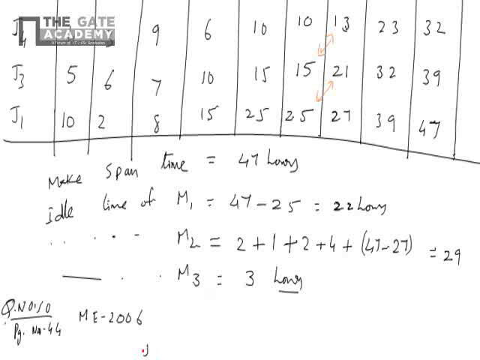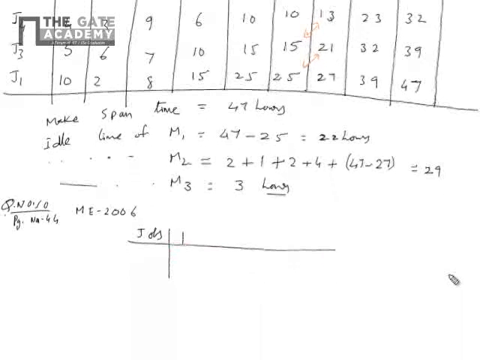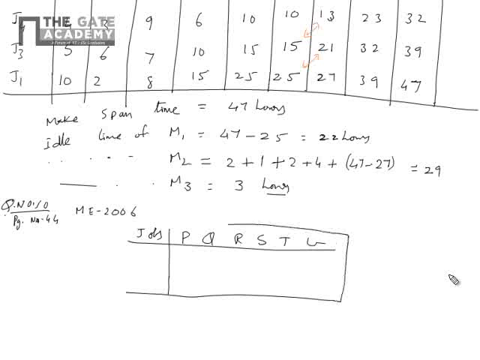The data given is jobs P, Q, R, S, T, U. He asked for the makespan time calculation.